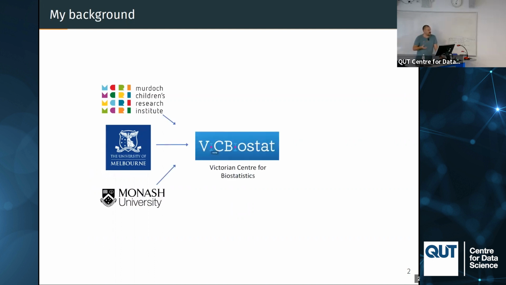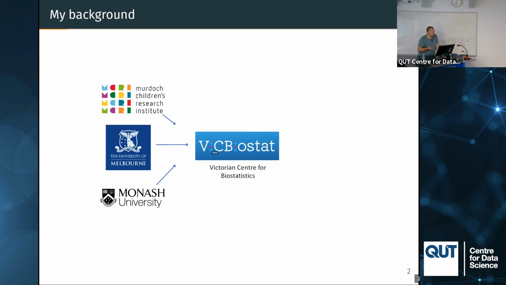they're not the only things that we have support for biostatistics in Victoria. We have the Victorian Centre for Biostatistics that involves these three institutions, including Monash University. All of the academic biostatisticians at those institutes are involved in Vic Biostat, and that's there to support doctoral and postdoctoral level biostatisticians in their career phase.